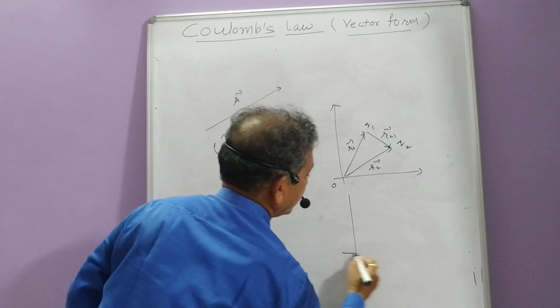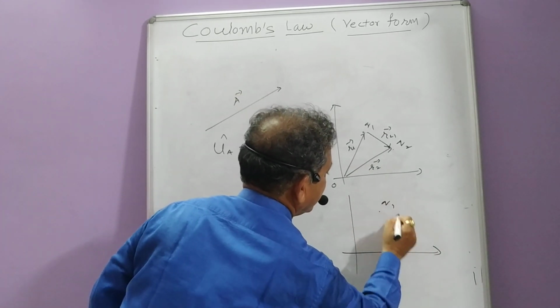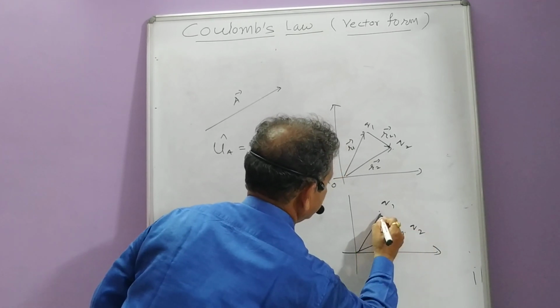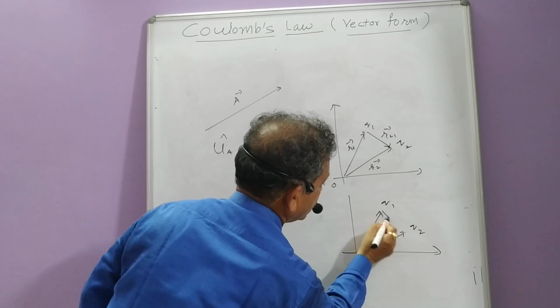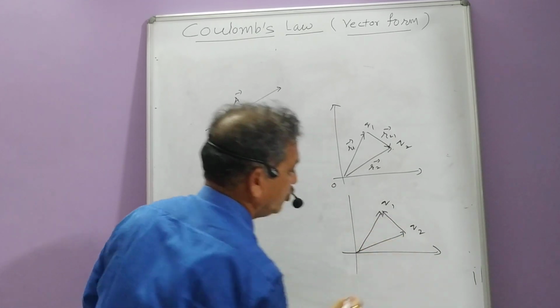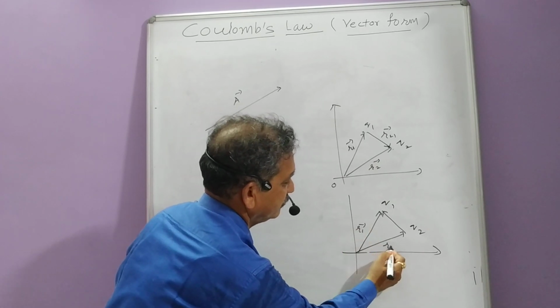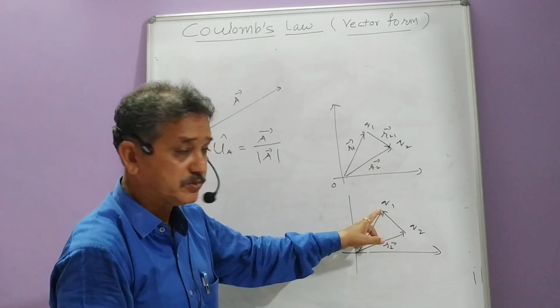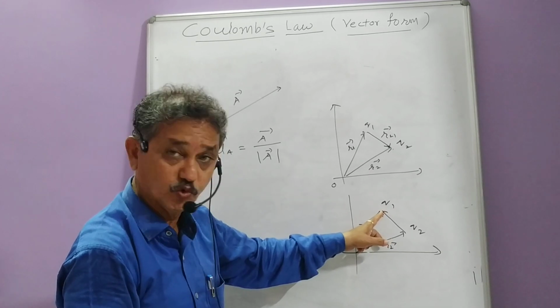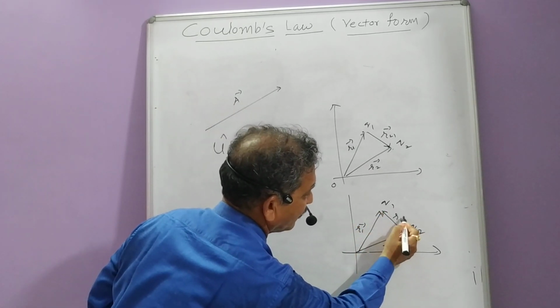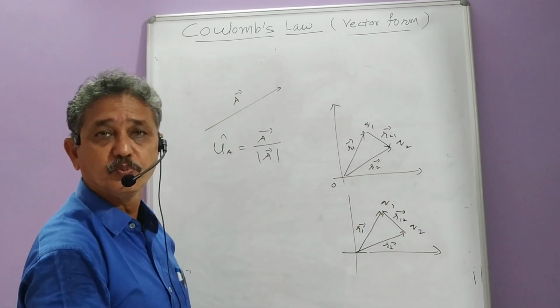Similarly, again, if the charges Q1 and Q2 are there, and now if I join Q2 with Q1, this is the position vector of charge Q1 with respect to Q2, so it can be denoted by the symbol vector R12.